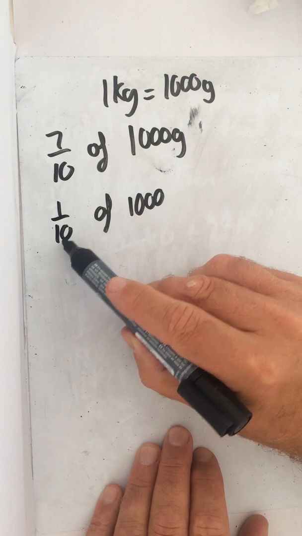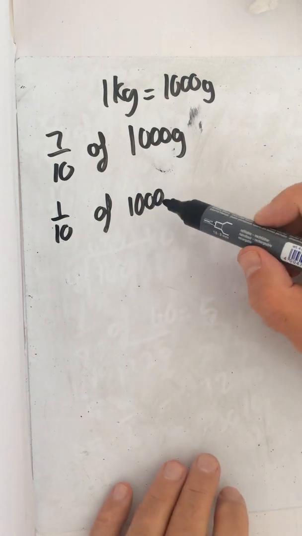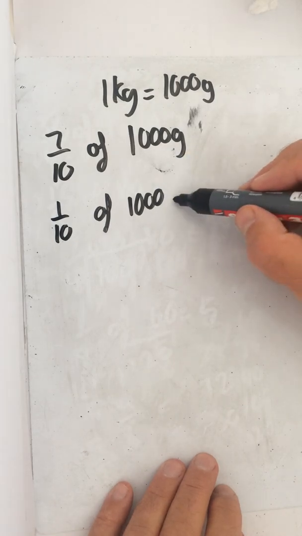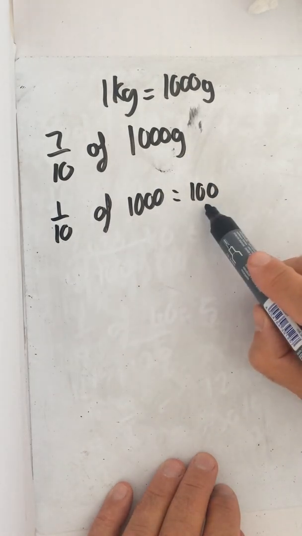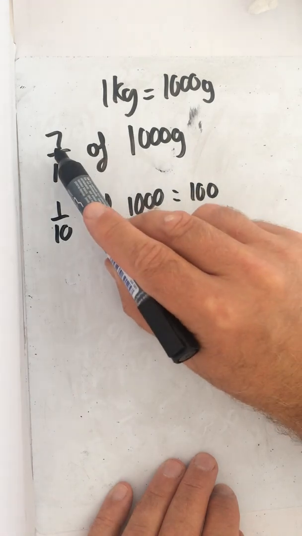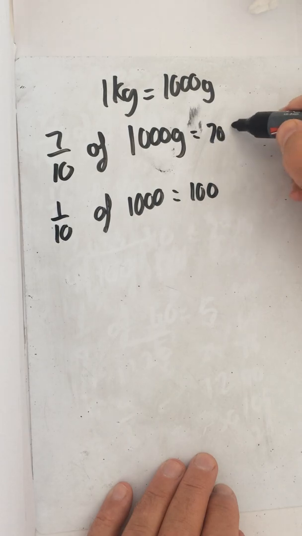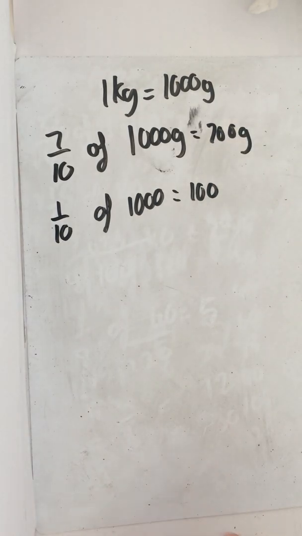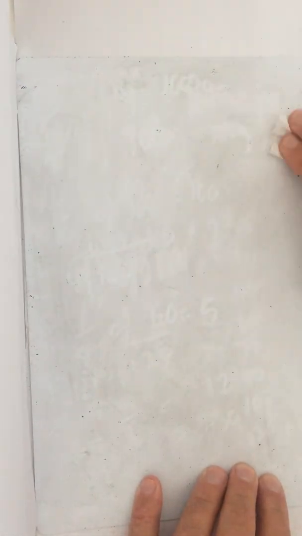How many 10s in 1,000? That'll be 100. So 1/10 of 1,000 is 100. So 7/10 will be 100 times 7, 700 grams. And we do need to put the grams there. So hopefully that'll help us with those ones where we have to change the unit of measurement.